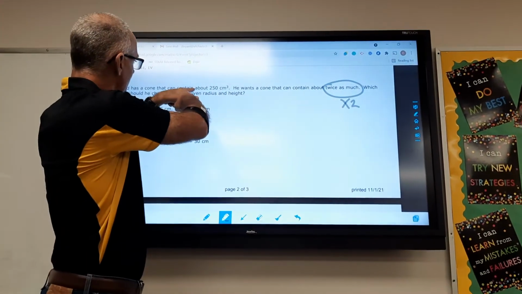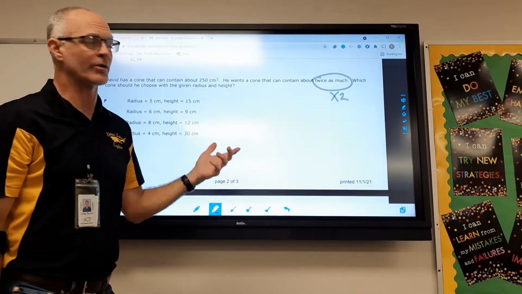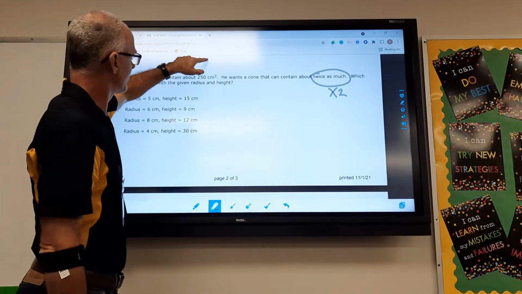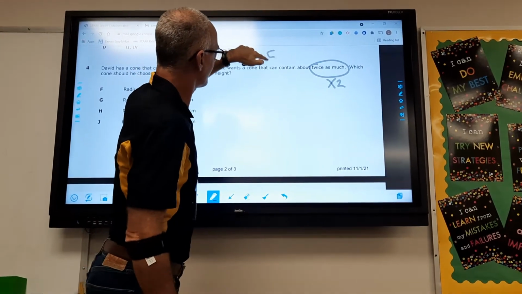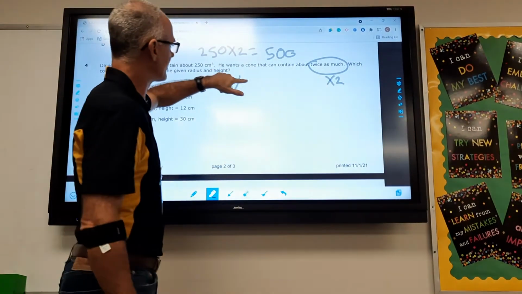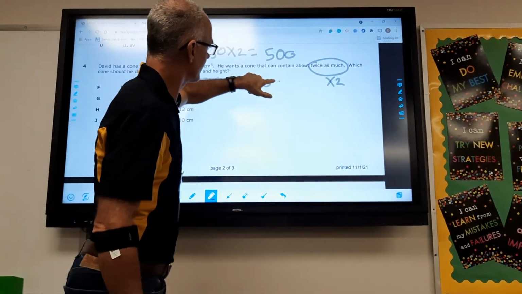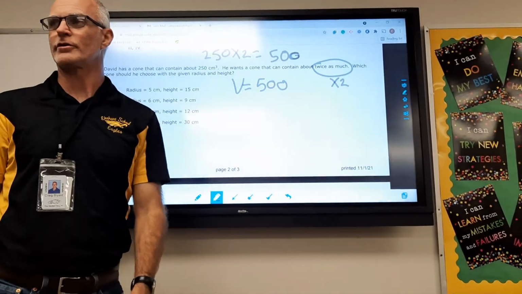So you take the container that he has, 250 times 2, and he gets 500. So we need one that has a volume that is equal to, or close to, 500.